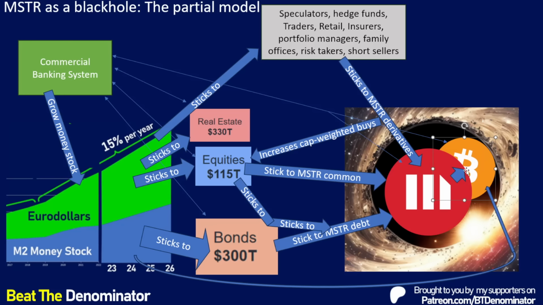And this will be the topic of another video. If Bitcoin becomes permanent capital, I could very well see MicroStrategy become a new form of that, not a commercial banking system, but perhaps a Bitcoin-backed banking system, which is not based on fiat, out of thin air, but is based on Bitcoin.